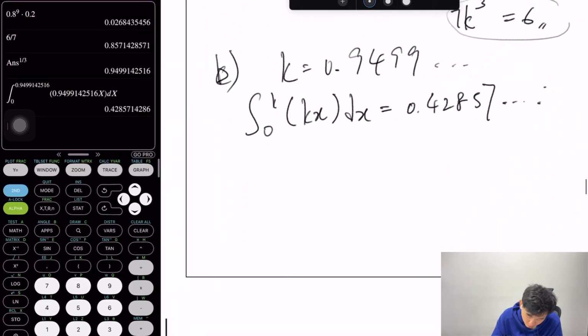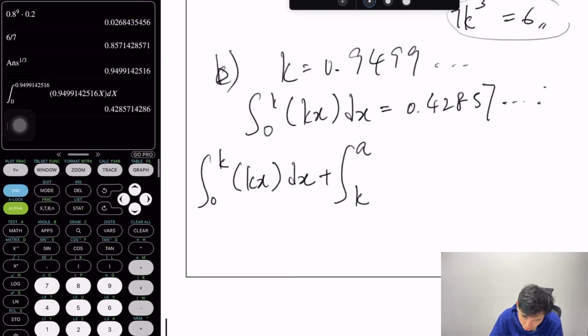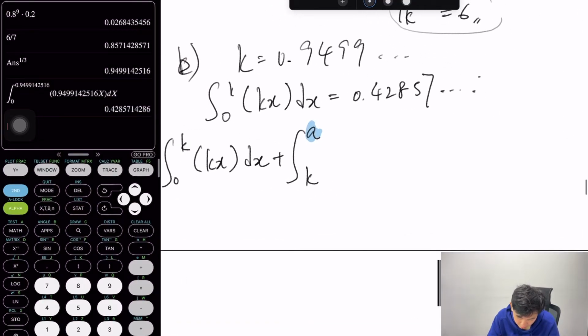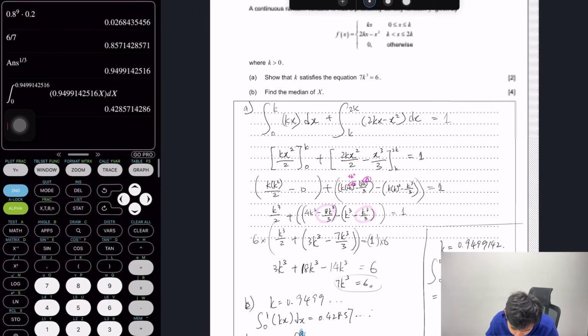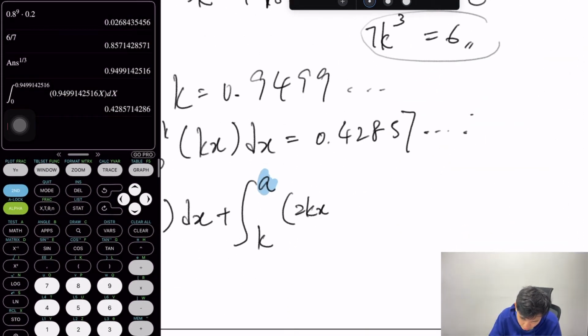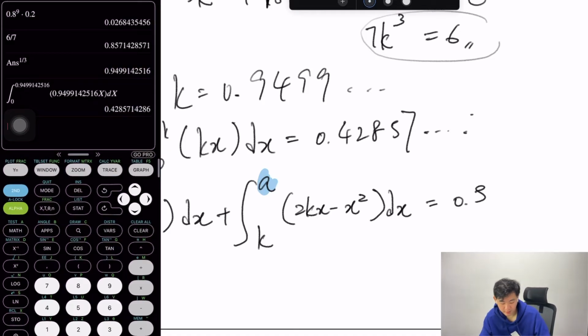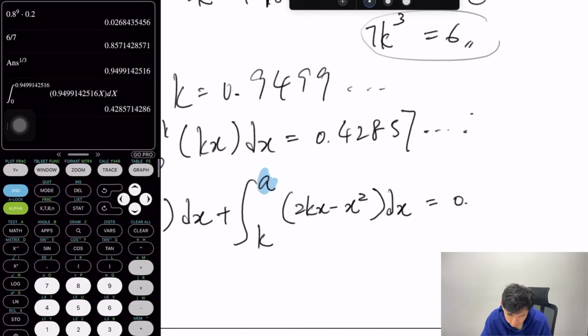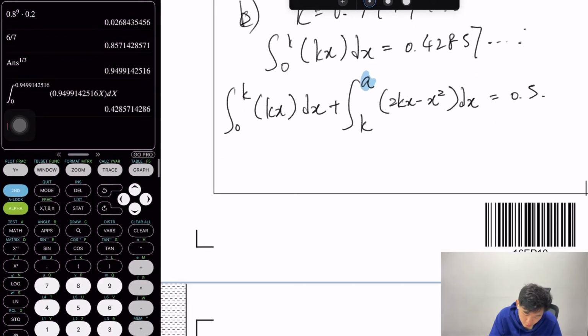We're going to write it like this: from 0 to k of kx dx plus from k to a, where a is the unknown we're trying to find, of the second equation, which is 2kx minus x squared, dx, equals 0.5. Write it better. Because we just figured out that this particular part is 0.42857, right?